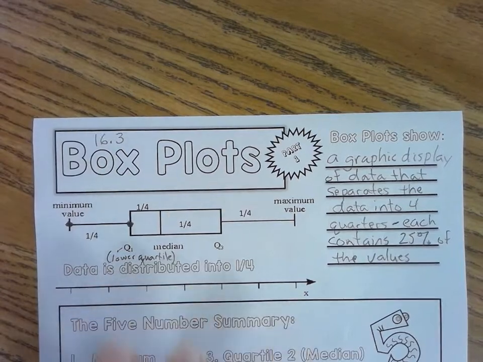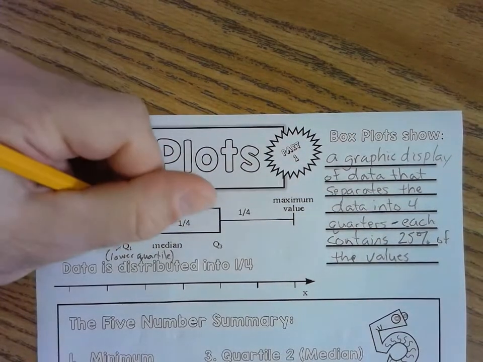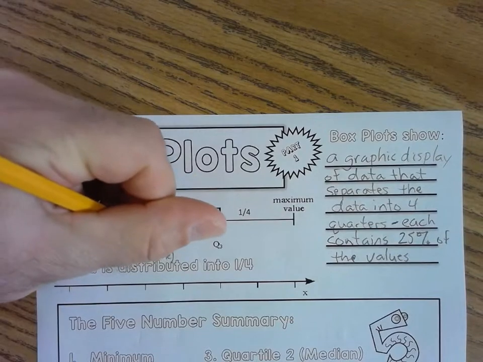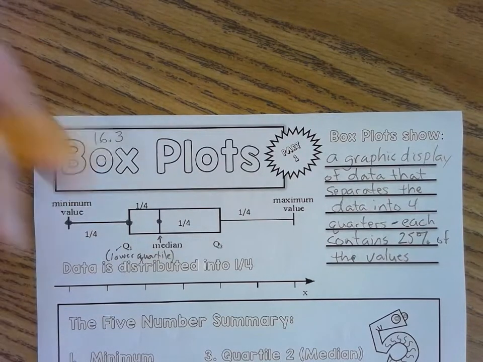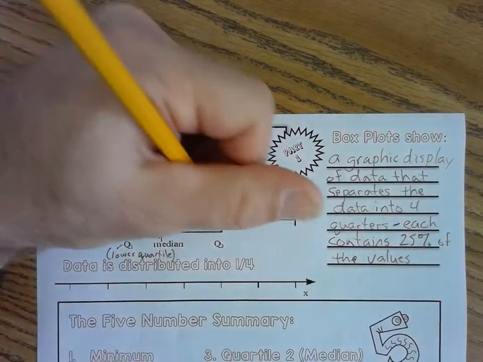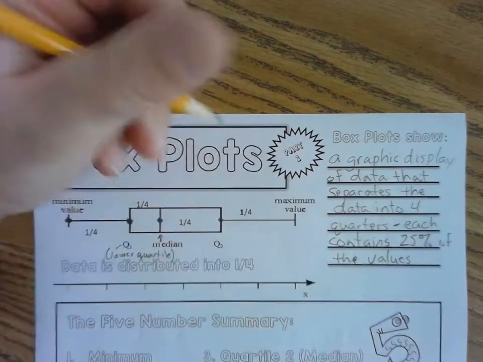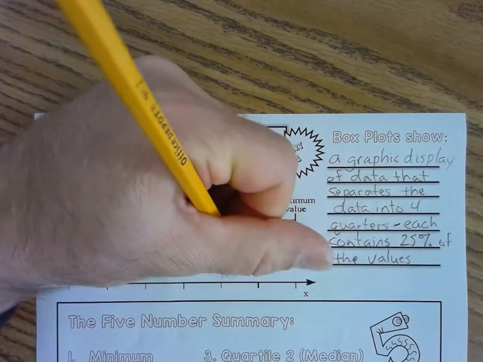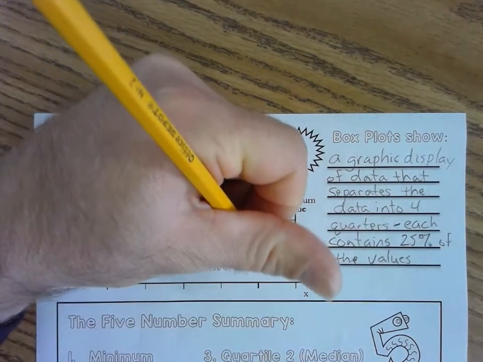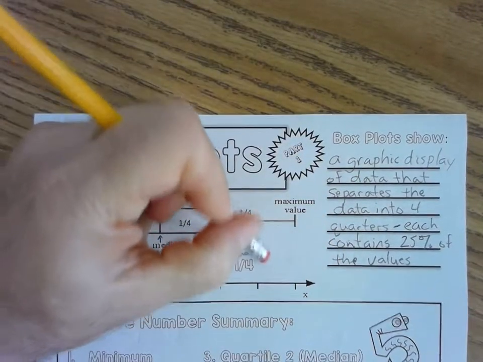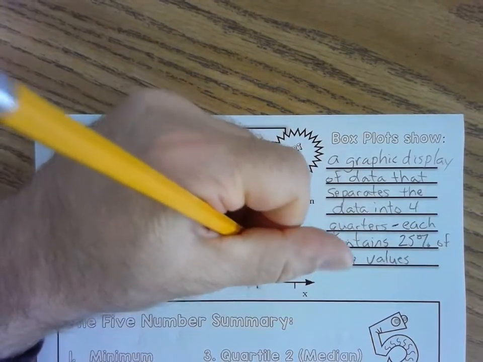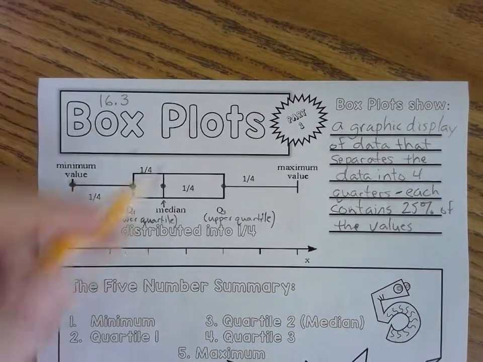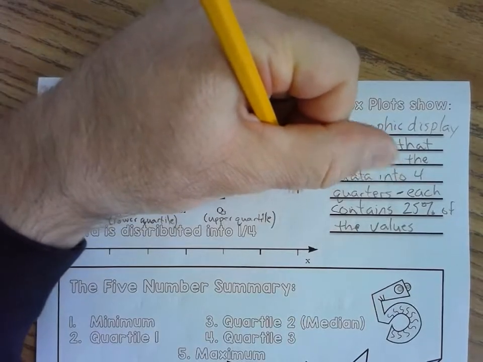You're going to have your median. This is your median right here. And then you have quartile 3, which they're going to call the upper quartile. Upper quartile. Okay, and then you're going to have your maximum value.